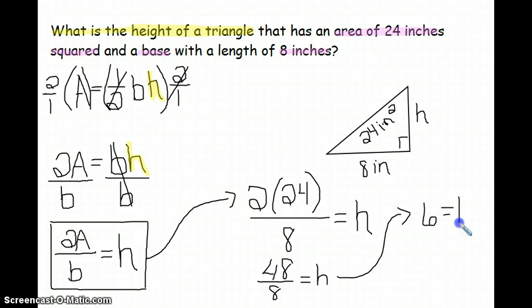Now again, we talked about in the last video in that question that you always use your units, especially if they've been given to you. So the height of this triangle is 6 inches. Now please feel free to go back and double check your answer. That is great practice. Okay, 6 times 8 and then take half of it. Half base times height. And if you get 24, then you know without a doubt that is the height of your triangle.